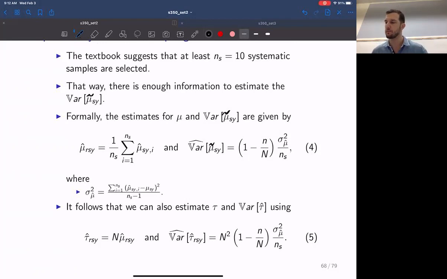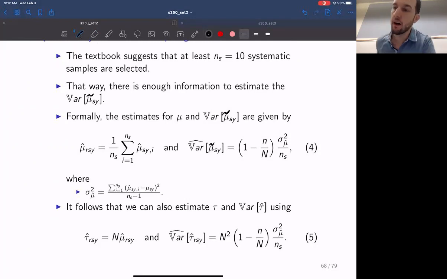All right, so from the repeated approach, we are able to construct estimates for a mean and a total. We're still estimating the population mean, we're still estimating a population total if we want, and then we can bound those estimates. So from the repeated systematic sampling approach, mu hat for the repeated systematic sample is equal to 1 over little n_s, the sum from i equals 1 to little n_s of the mu hat_sy,i.